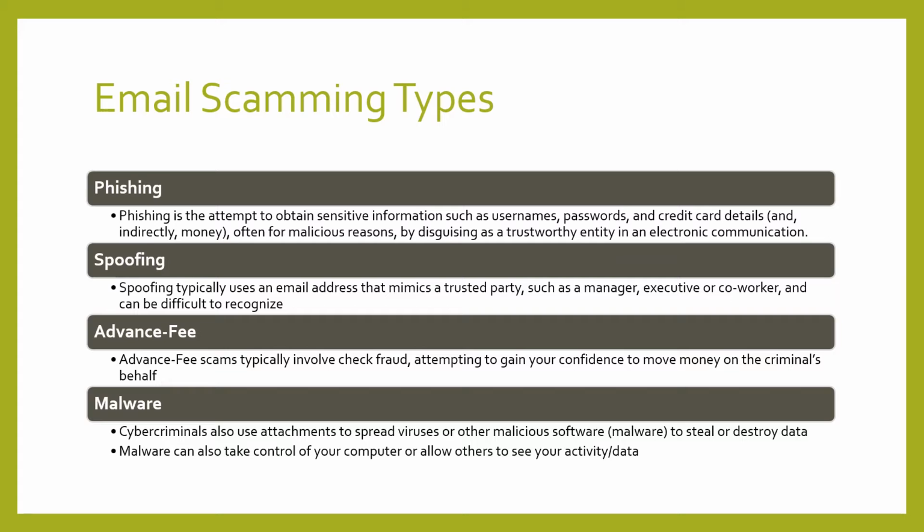This might come from someone acting as a bank or someone pretending to be IT asking you for some information. Now, it's important to note over here in CPG, no one will ever ask you for your password or your credit card information.